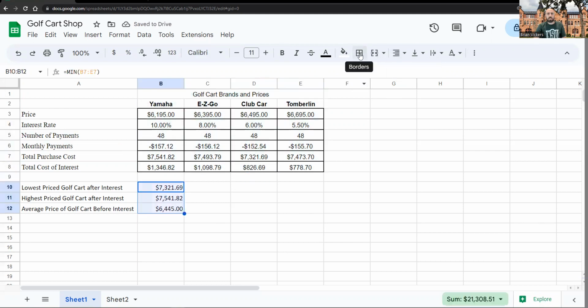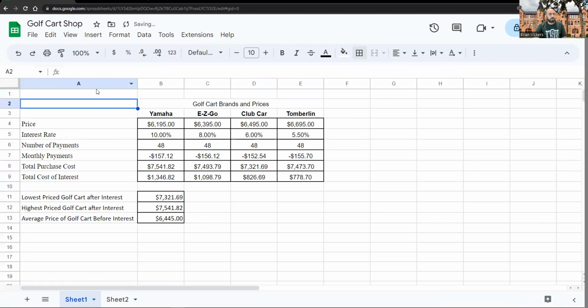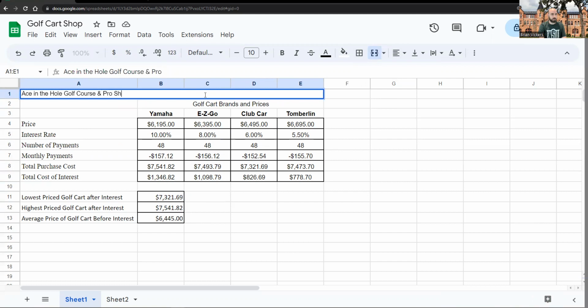Probably we could put borders around this too. And then, up here, giving your golf pro shop a name might be a nice touch. I worked in poker for a long time, so I'm going to call it Ace in the Hole Golf Course and Pro Shop.